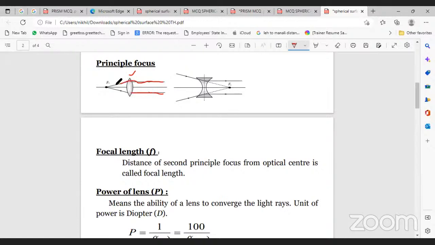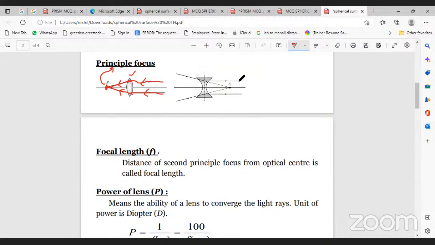As soon as the parallel rays are incident, they converge to one particular point on the axis. What is this particular point called? Principal focus. In the case of a convex lens, the refracted rays converge.